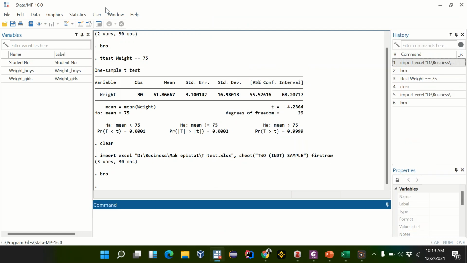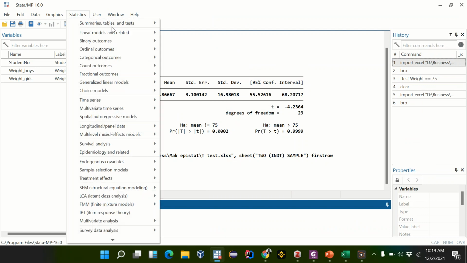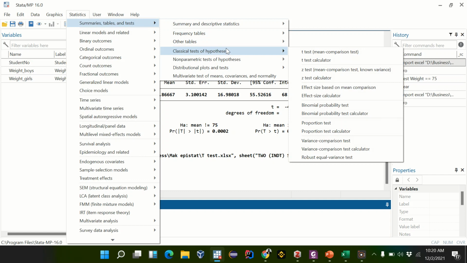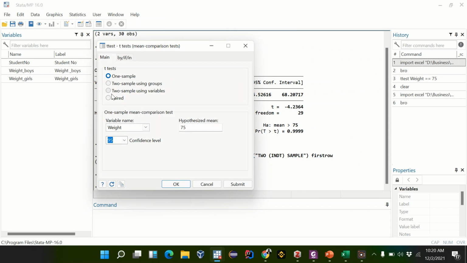We still go to Statistics, classical hypothesis tests, then we go to t-test. So we have two groups, two sample using groups. Yes, we are using two groups.